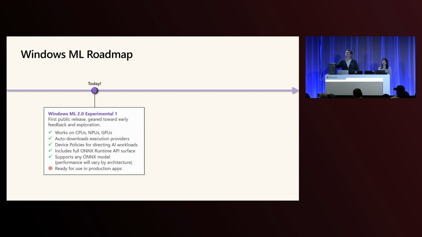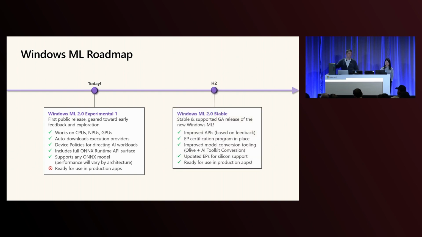Note that this is an experimental release, meaning you should not use it against production yet. Please definitely try it out. Your feedback is very valuable to us, but we strongly recommend against shipping an app on top of it. Later this year, we will ship Windows ML 2.0 stable. The exact date is going to depend on the stability of our bits and also the feedback we receive from Experimental 1.